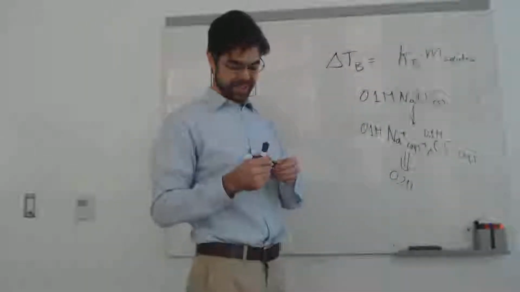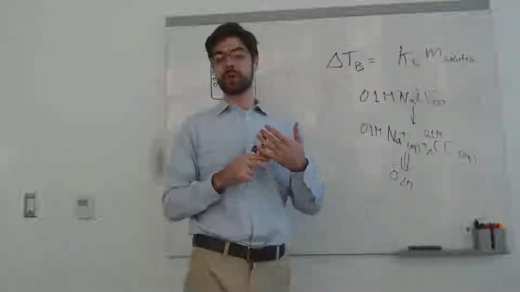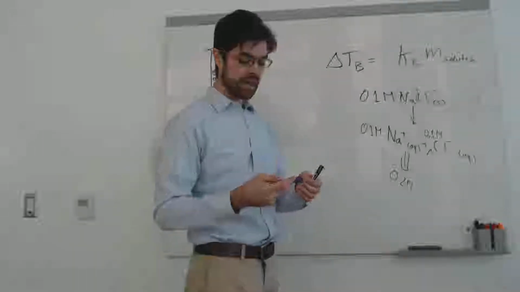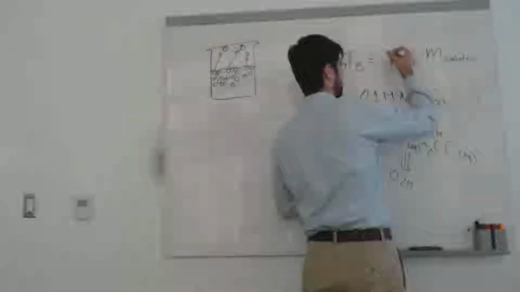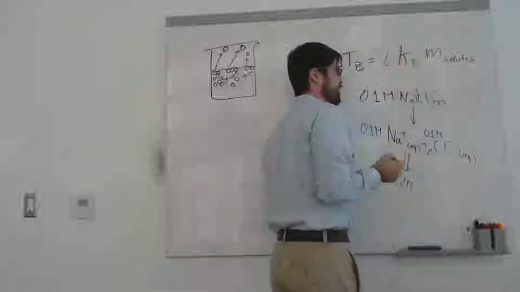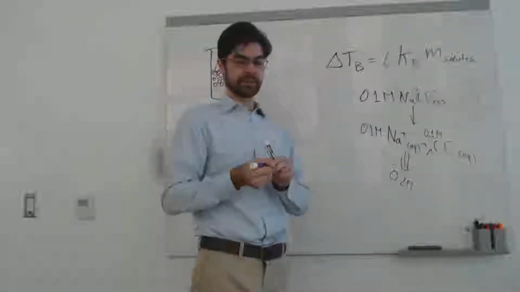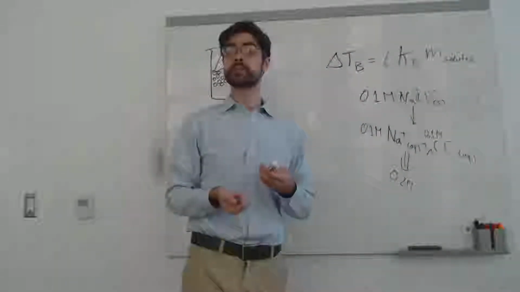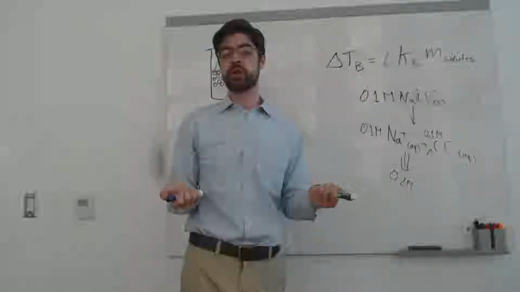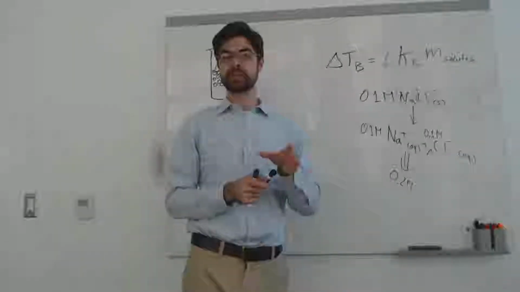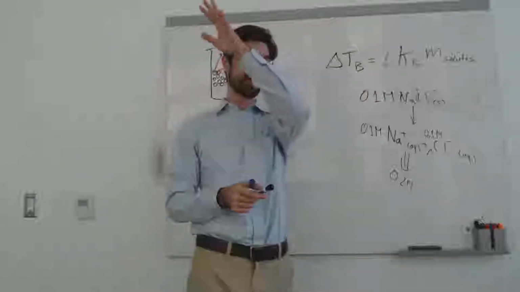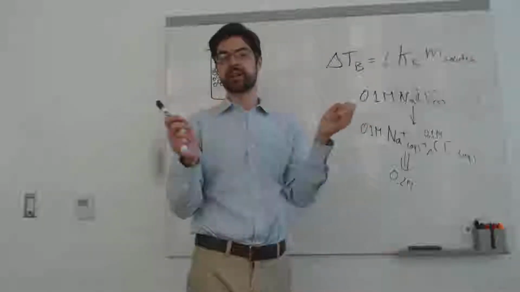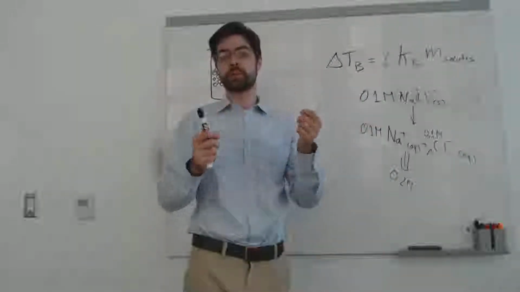So to either add to confusion or to clarify confusion, we introduce this Van't Hoff factor. The Van't Hoff factor takes into account the fact that a lot of substances break apart when you dissolve them in solution. They don't stay as whole individual particles. They separate into constituent particles.